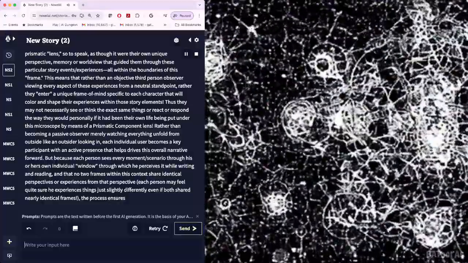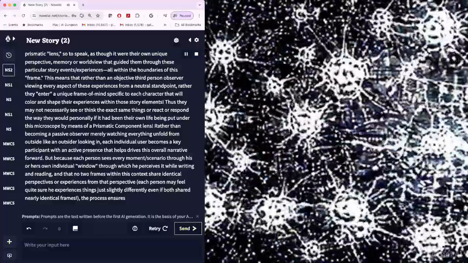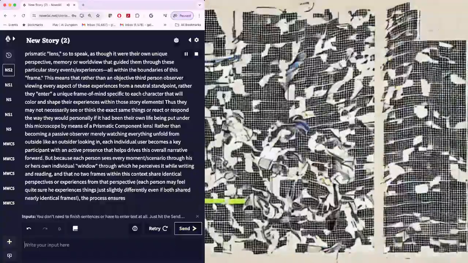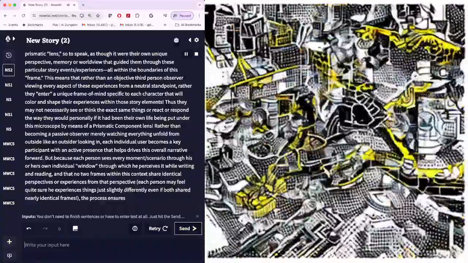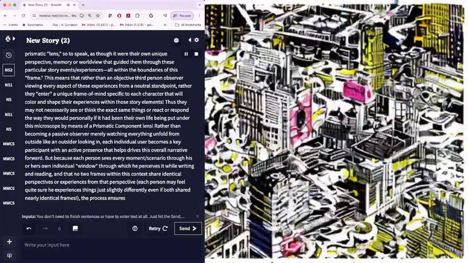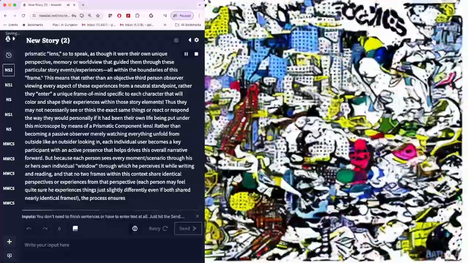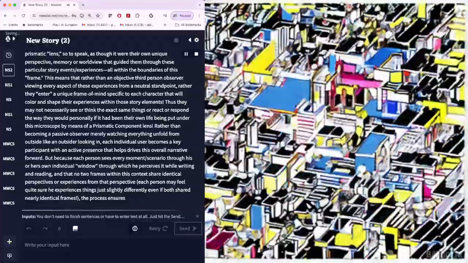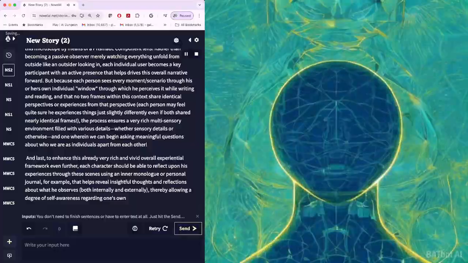By inserting the required prismatic component frames into each scene, each individual user will be able to insert himself into each component within the story itself in real time from behind the chosen prismatic lens, so to speak, as though it were their own unique perspective, memory, or worldview that guided them through these particular story events and experiences, all within the boundaries of this frame.